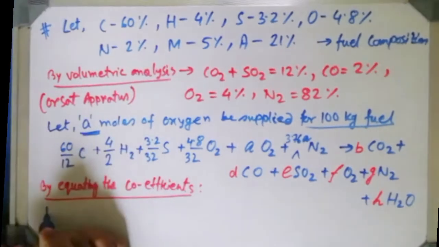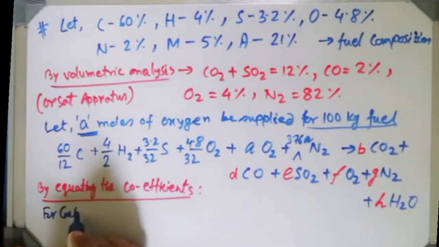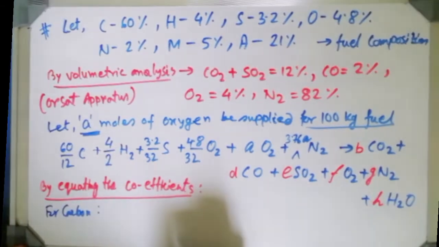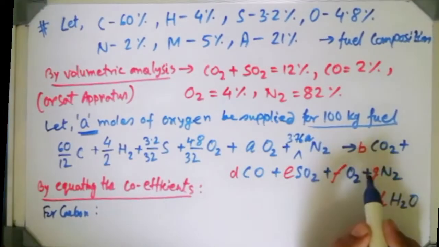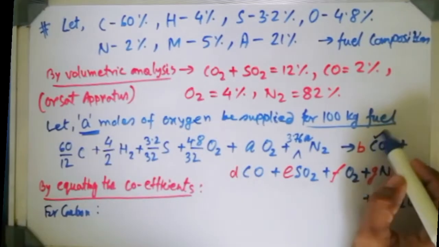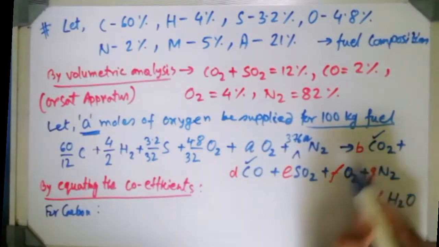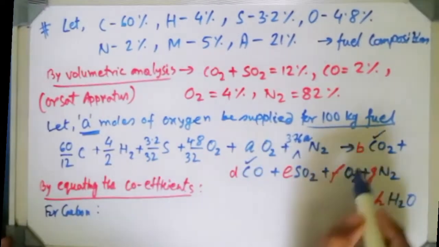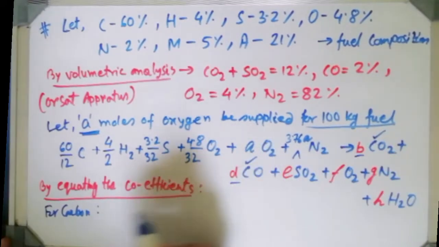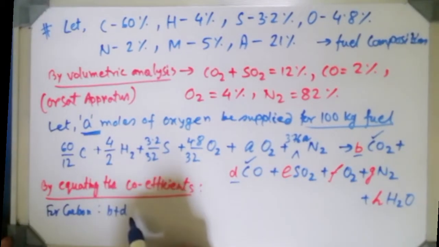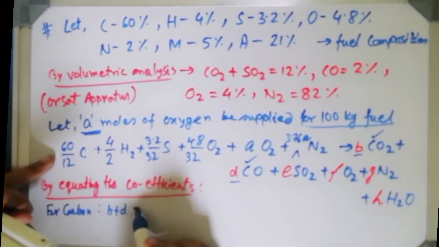So I can add these two coefficient values, B plus D, and it will match the left side, that is 60 by 12. 60 by 12 means only 5. So the first expression I am getting is B plus D equals 5. This one is for carbon. Then going with hydrogen.